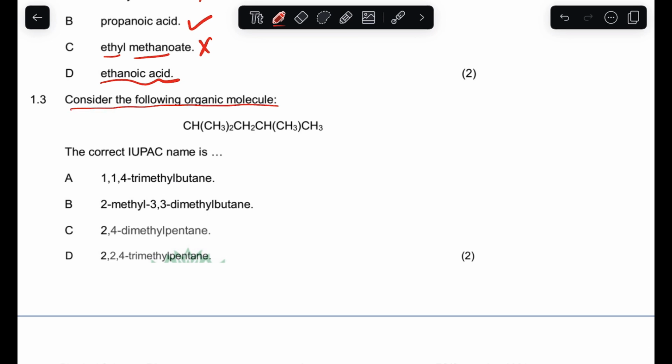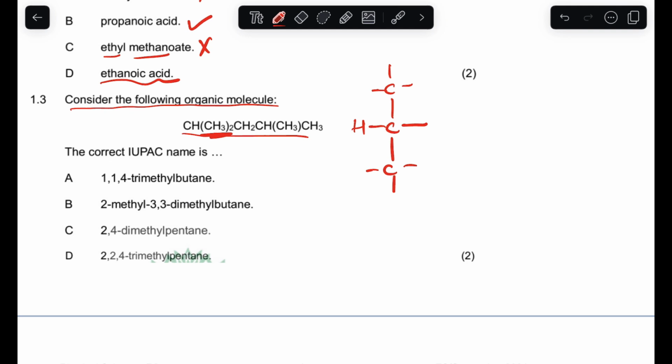Right, it says consider the following organic compounds. This organic compound, guys, we're given the condensed formula here. It's a CH with the CH2, CH3, 2CH, and here's another one.